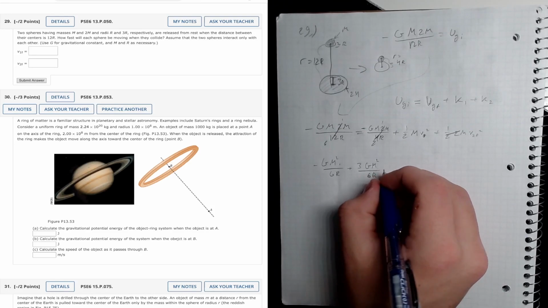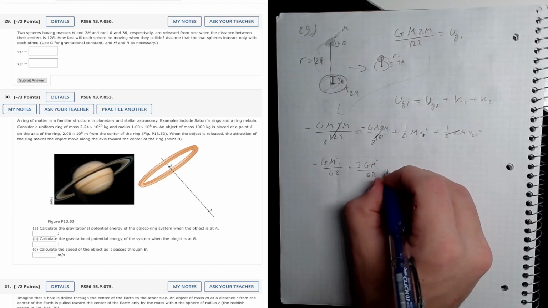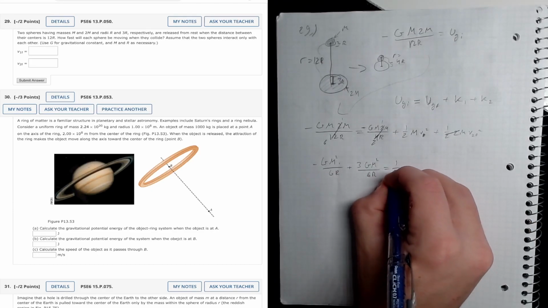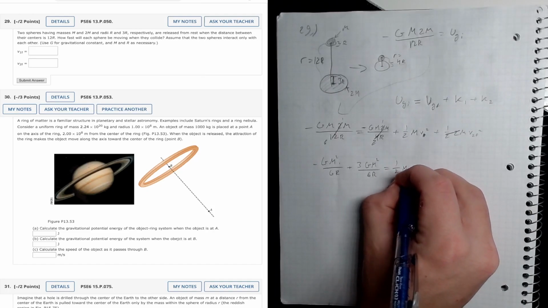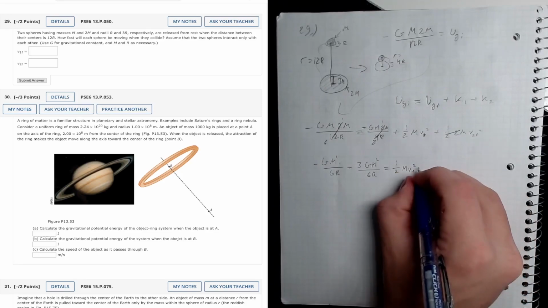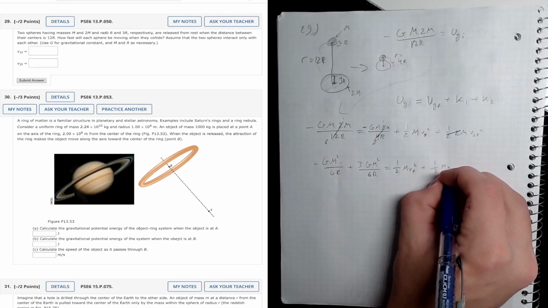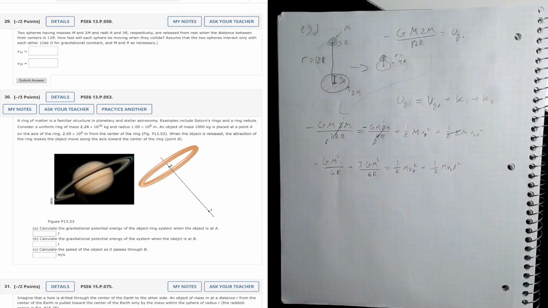Yes, which will equal 2Gm squared over 6r, we'll do it later, equals 1/2 m v1 final squared plus 1/2 m v2 final squared.